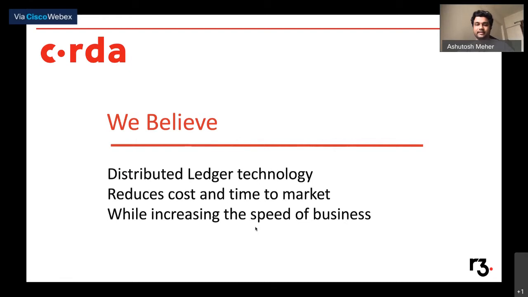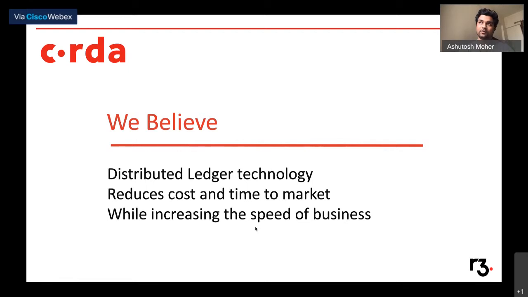We believe that DLT and blockchain are here to stay. And why not? It has so much to offer. It reduces cost and brings down your time to market. There are so many operational inefficiencies in the market.